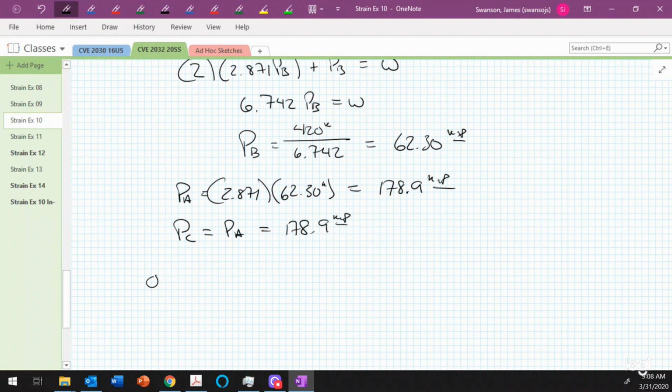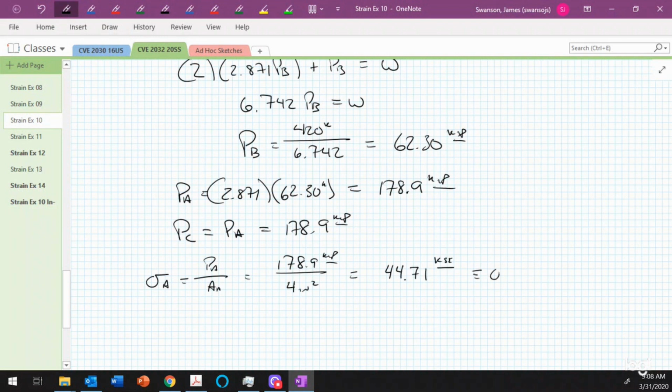So we could say that the stress, sigma A, is equal to P sub A divided by the area. So that's equal to 178.9 kips divided by 4 inches squared. When we calculate that, we get a stress of 44.71 kips per square inch.